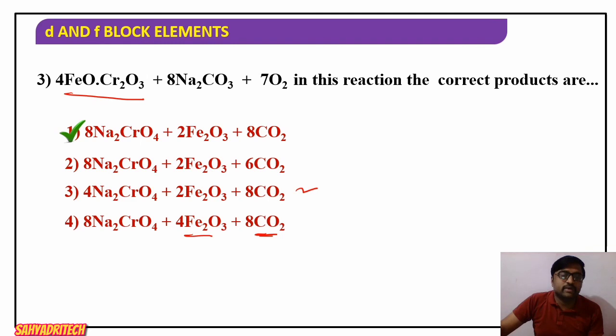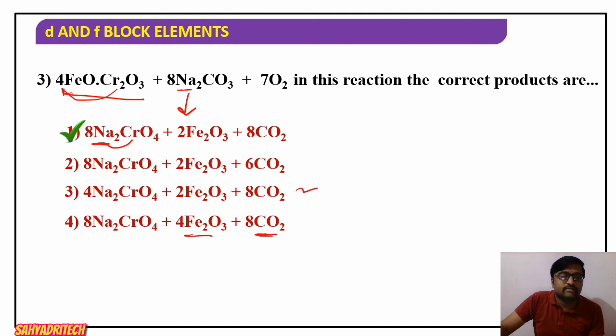Why we are selecting this, look at the balanced equation. How many sodium here? 16 sodium atoms are there. How many chromium? 4 twos are 8, 8 chromium atoms are there.